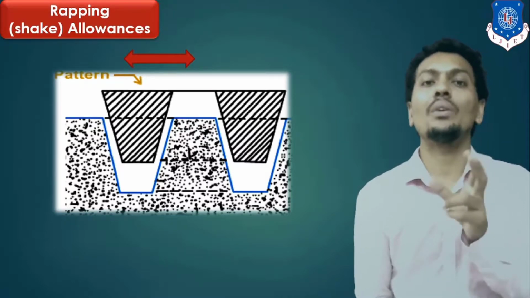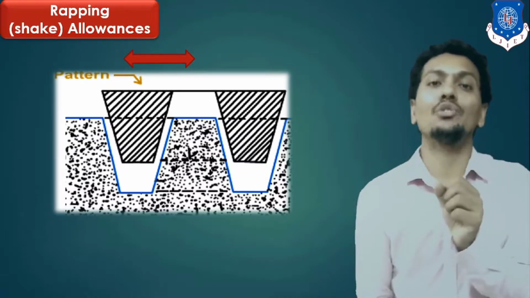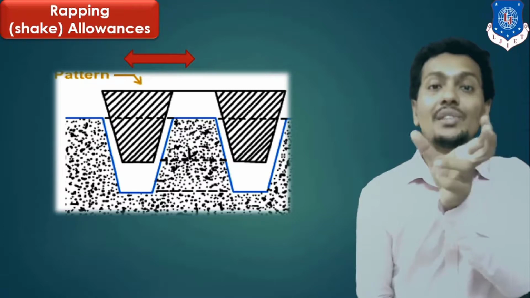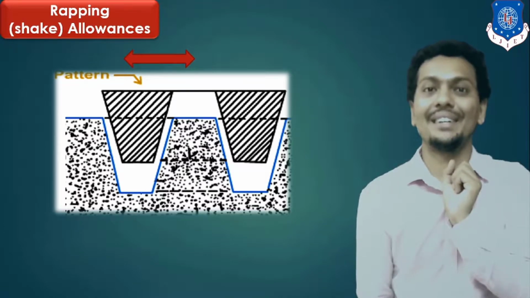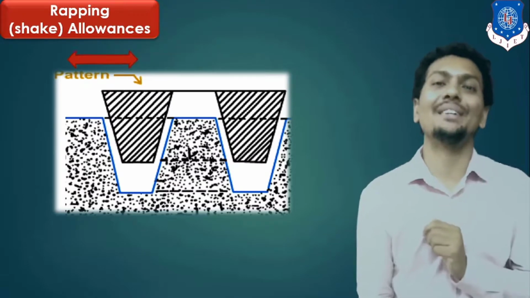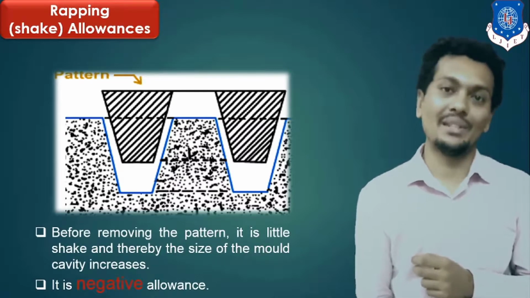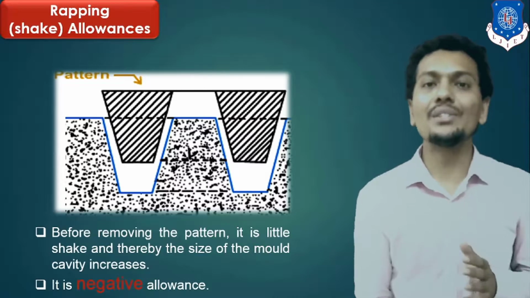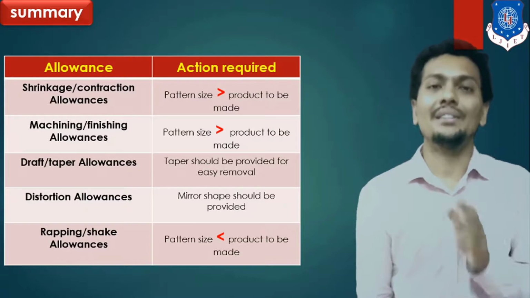So you have to consider this allowance for easy removal of pattern. During this shake or wrapping, your cavity will enlarge. So you have to consider this shake or wrapping allowance, right? So what is the significance of wrapping allowance? We will discuss later on in this video.